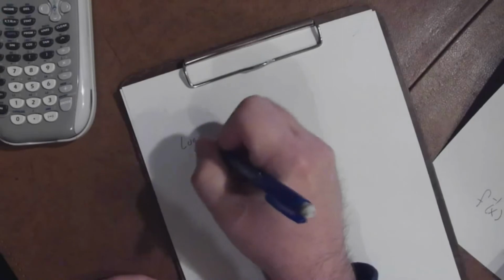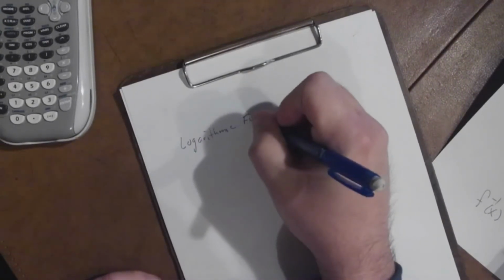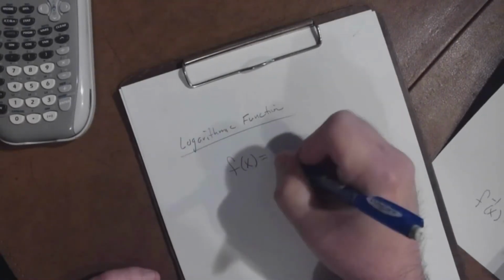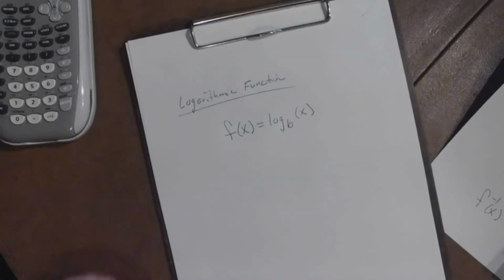In a sense, in our library of functions, we do have now the case for a logarithmic function. That logarithmic function takes on the form f of x equals the log base b of x.